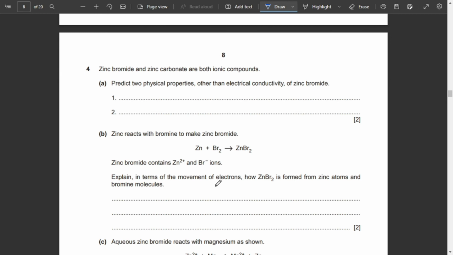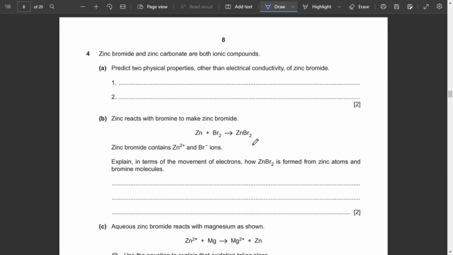Zinc plus bromine and zinc bromide is formed. Alright, so zinc bromide contains Zn2+ and Br-. We see the reaction over here. Explain in terms of movement of electrons how zinc bromide is formed from zinc atoms and bromine molecules. So if we see, zinc forms positive ions and bromide basically has a negative ion.